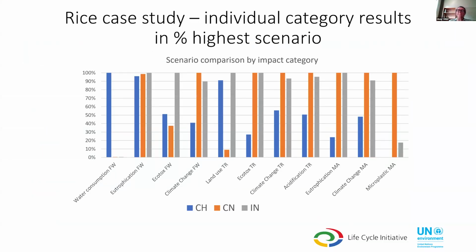What is really important is that all results are provided separately for different categories. For the individual category results, you can present results like what would be a usual midpoint level, as here, where I put a percentage of the highest scenario.